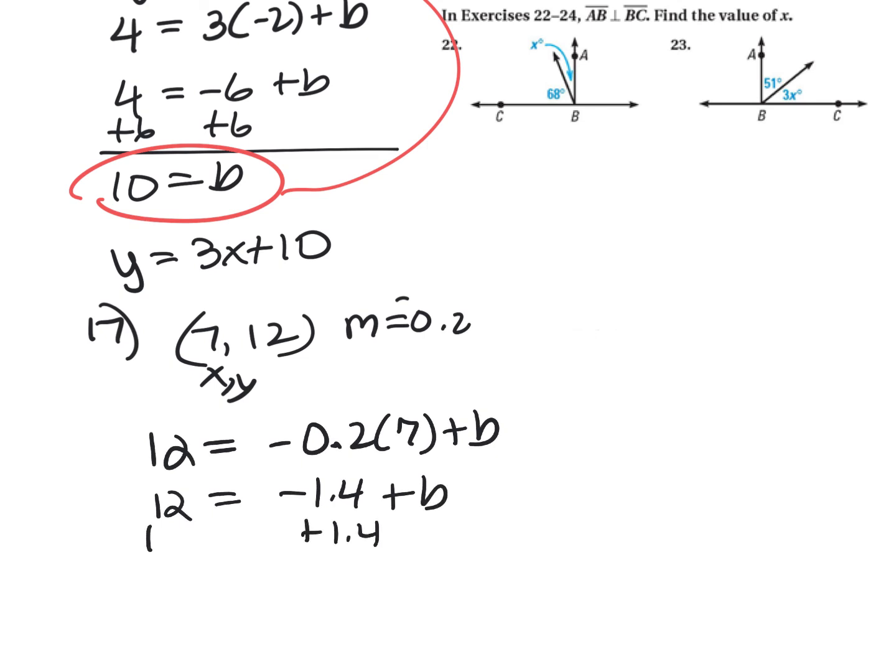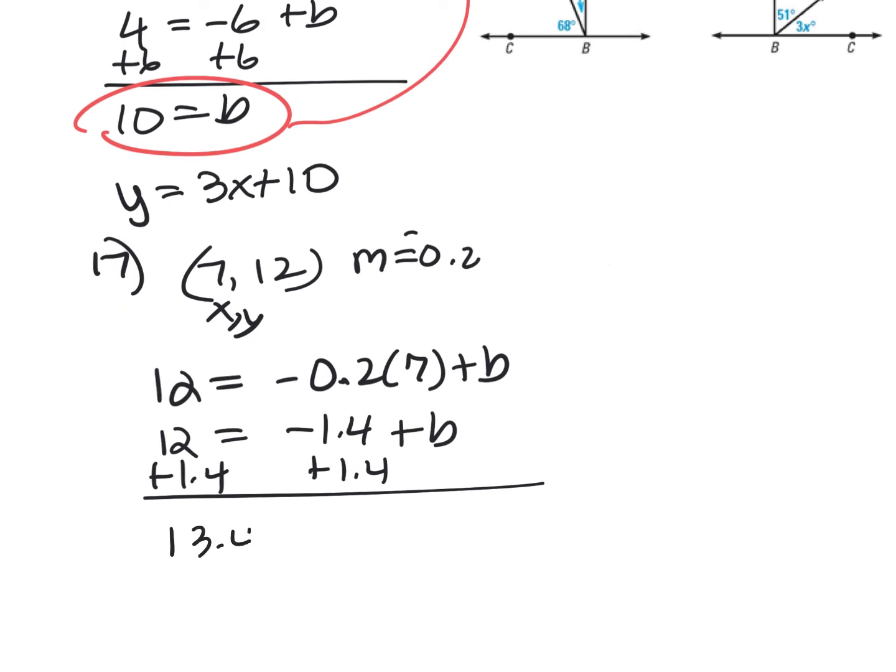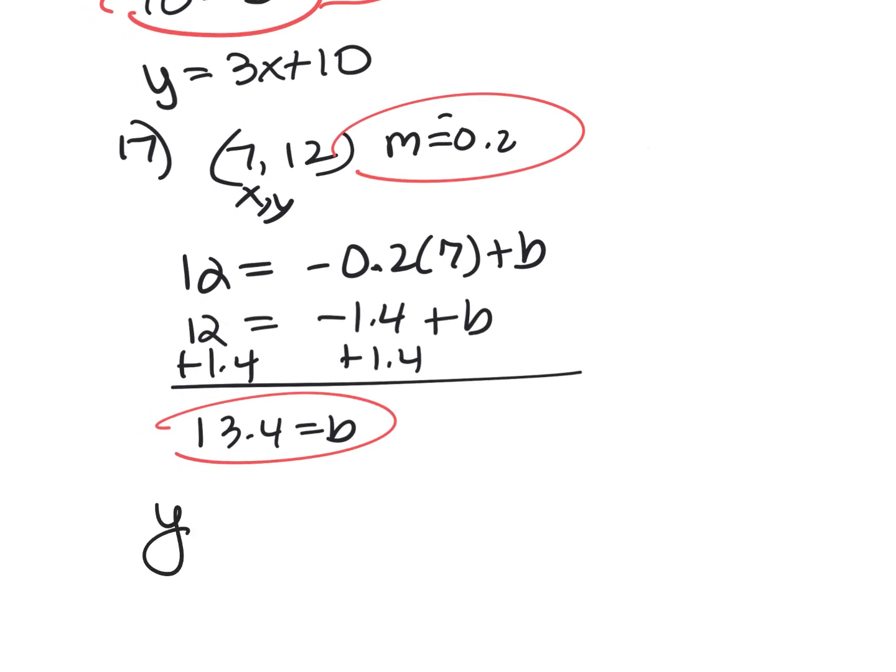Add the 1.4. 13.4 equals b. Take that b and this slope and put it back in. So final answer, y equals negative 0.2x plus 13.4.